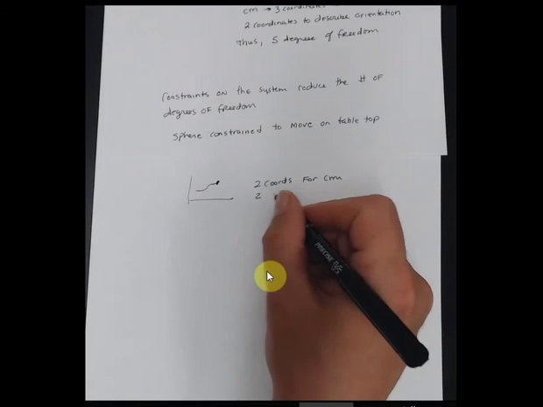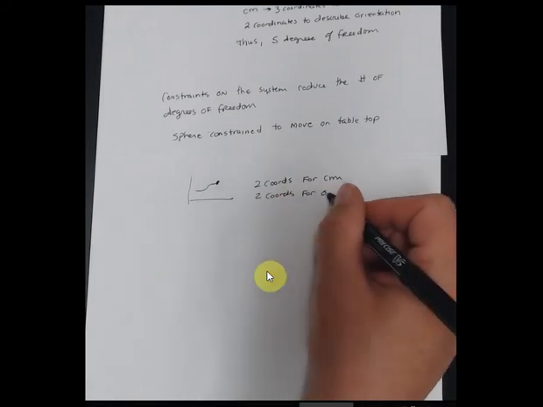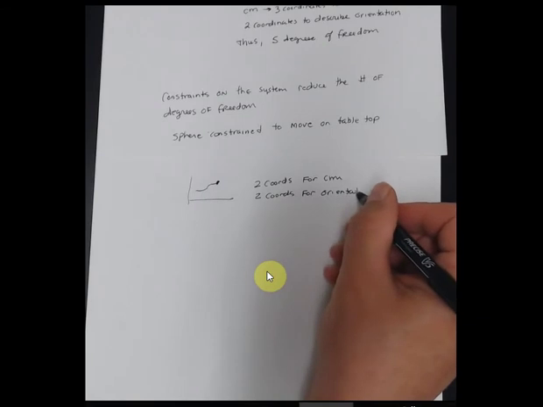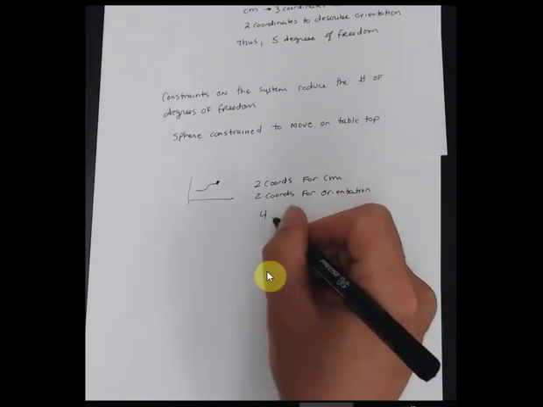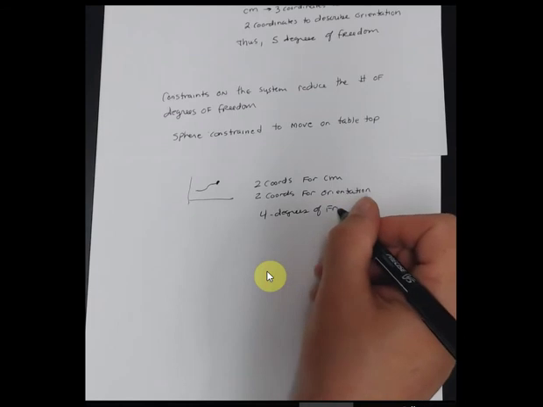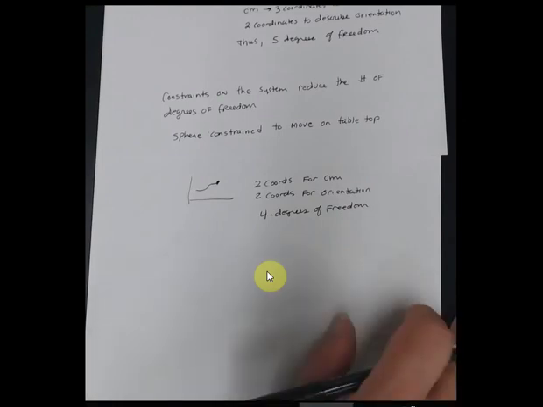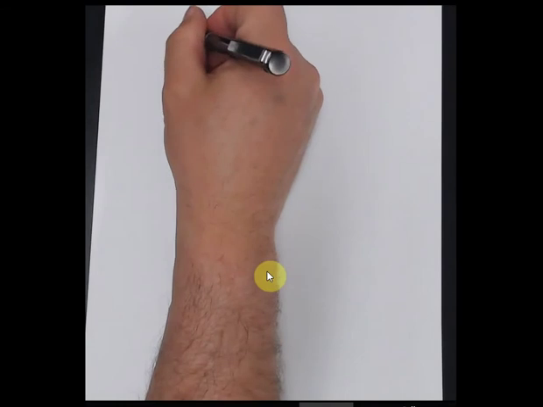And then you still have 2 coordinates for orientation. So now you have 4 degrees of freedom. By confining it to the tabletop, you've removed one of the degrees of freedom. So we'd need 4 generalized coordinates.